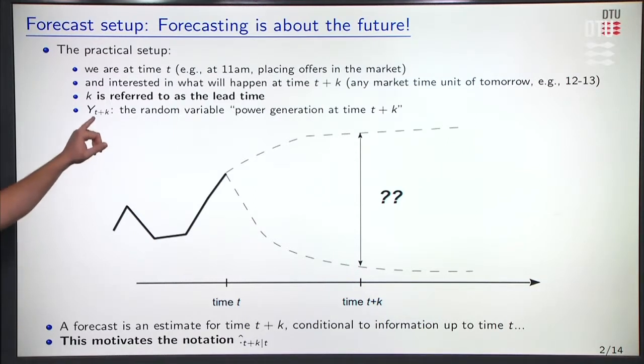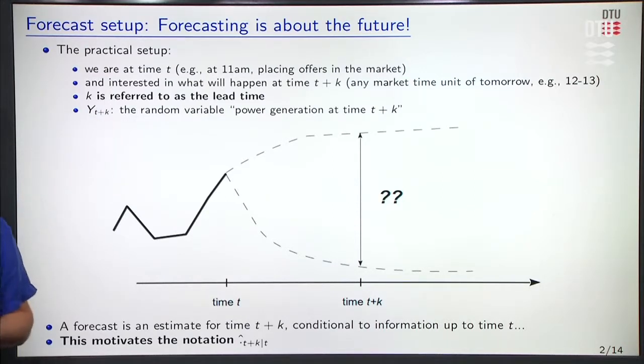We use a notation as big Y, uppercase Y, t plus k for the random variable power generation at time t plus k. So fundamentally what we're saying here is that this production has a random component, and we will want to characterize it through our forecast procedure.